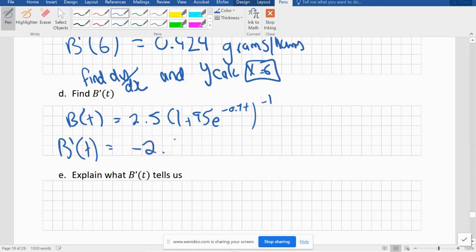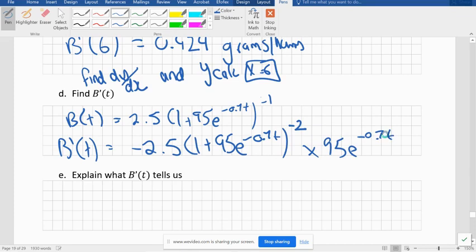So you've got negative 2.5, 1 plus 95 e to the negative 0.7 t, to the -2. The derivative of all this, well, that'll be a constant. So the derivative of 95e stuff is just 95e stuff. And then don't forget your chain, you've got to do the derivative of this guy at the top, which is negative 0.7.